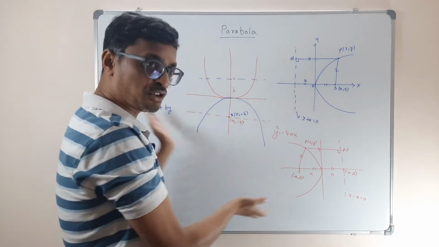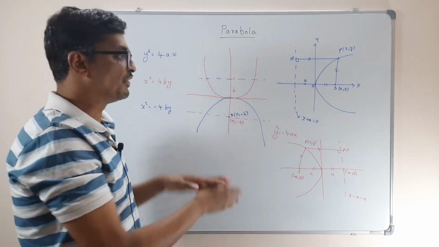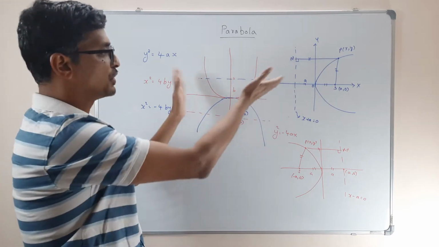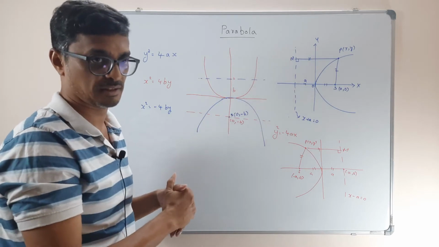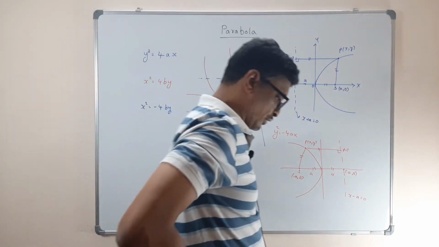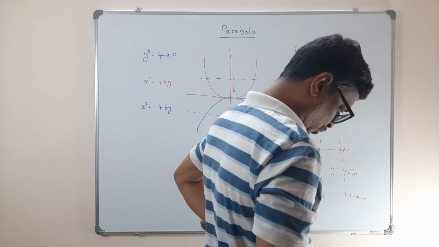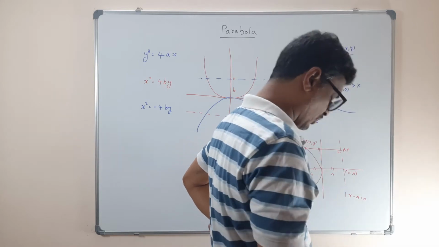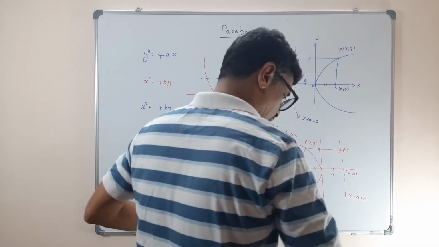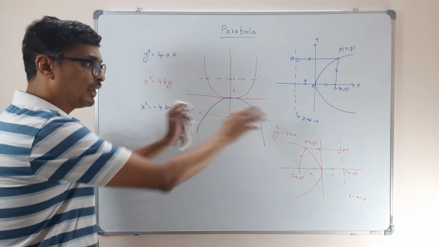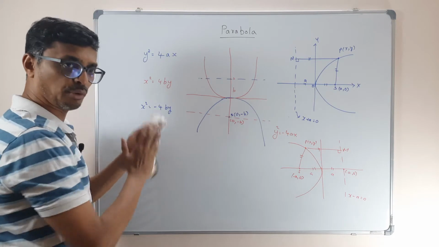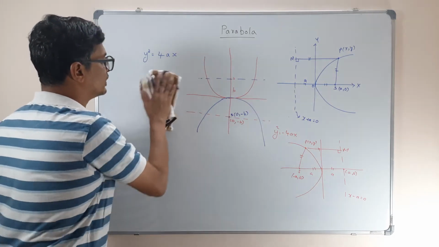All possible, everything is a parabola only. It's a way of how you represent your directrix and the focus, and that decides your parabola. So these are all standard forms of parabola. What you deal with for one parabola is going to be the same for all the other parabolas, because it's just a rotation, changing the rotation and the axis.